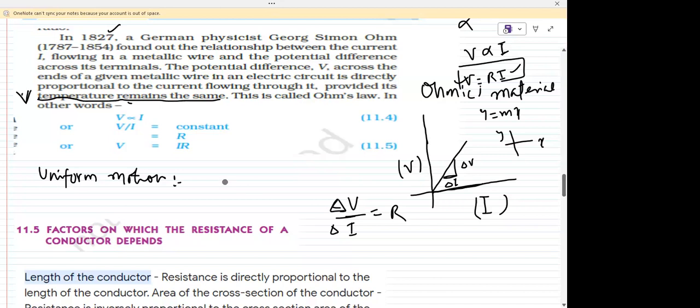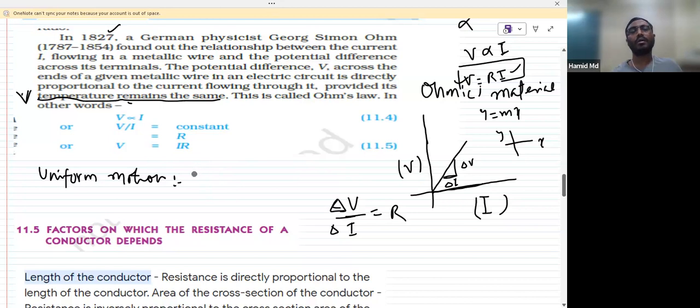It means that if you take the ratio of distance over time, delta d over delta t, you get a constant value, that is uniform velocity. It will always be constant. Uniform means the velocity will never change.